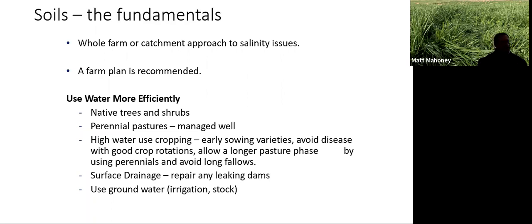So you need a whole farm or a catchment approach to salinity issues. If you get a chance, look up catchment management authorities. I think there's 10 in Victoria, and I think I would have mentioned this in our first track.